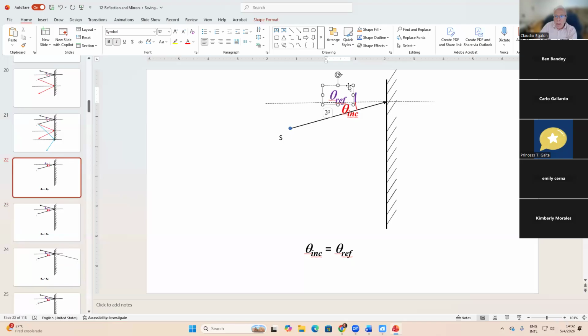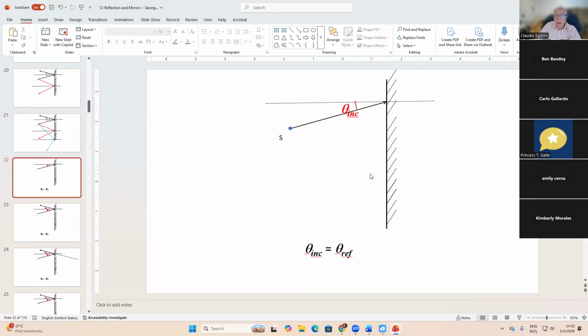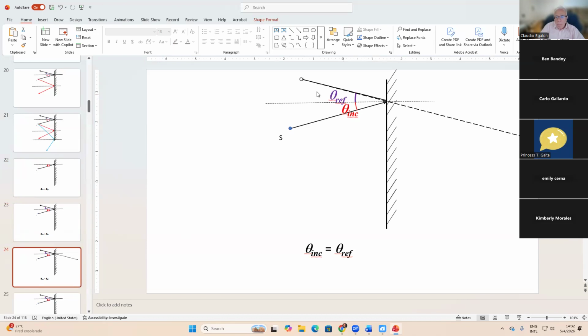This one, incident light ray, reflected light ray, and the extension of the reflected light ray backwards. And I want to get this guy better. Like that. Yeah, now I got it right.